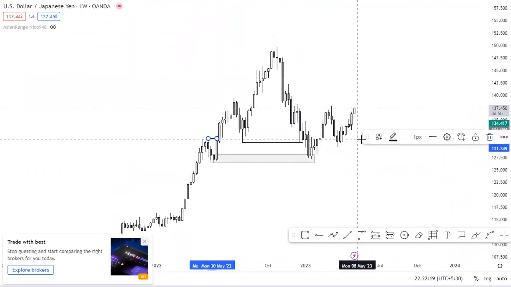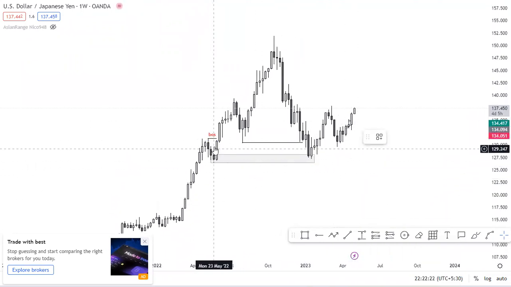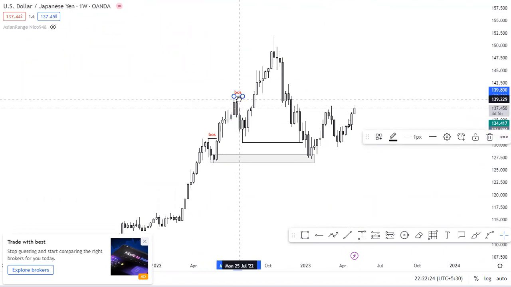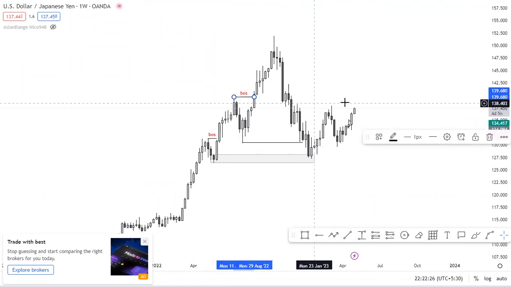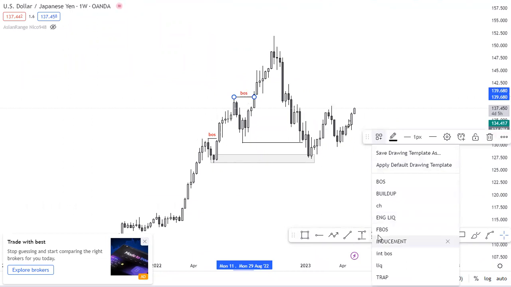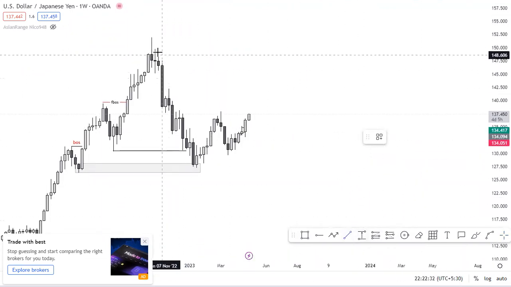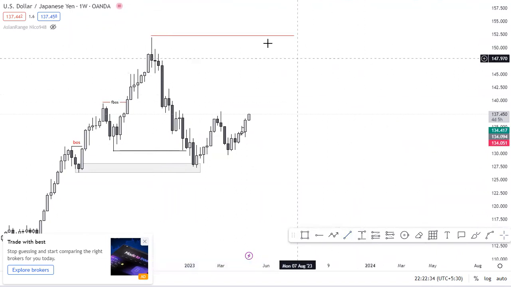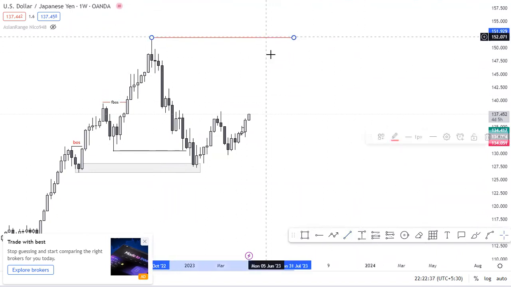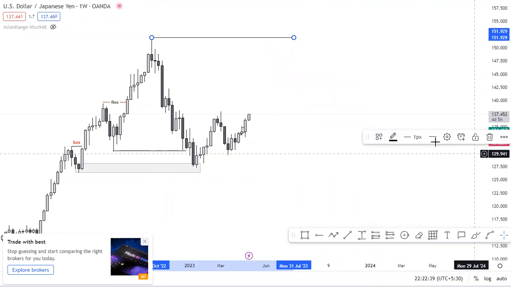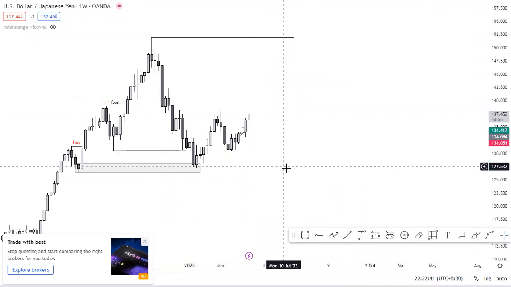So, breakout structure and the FBOS. If it is a perfect one, we will get this. Is it perfect in this scenario?